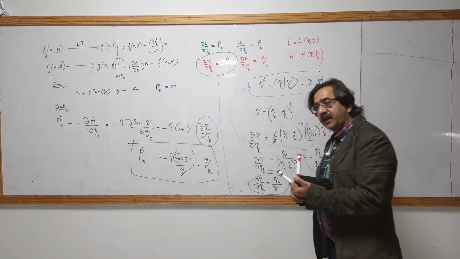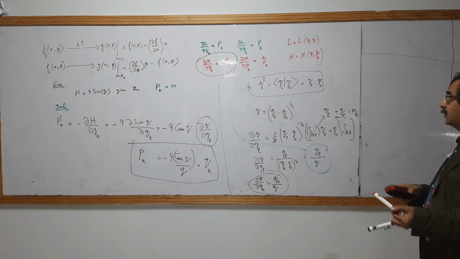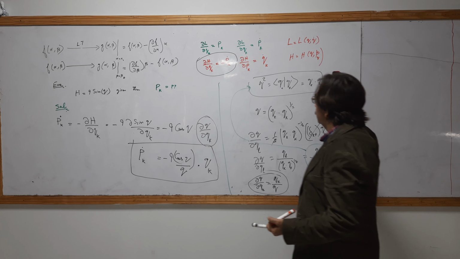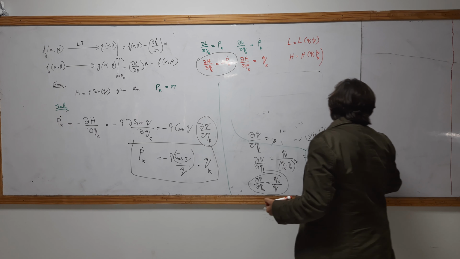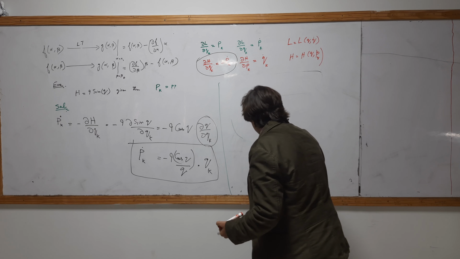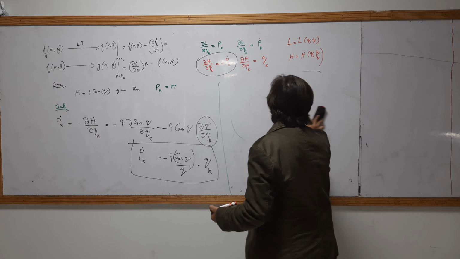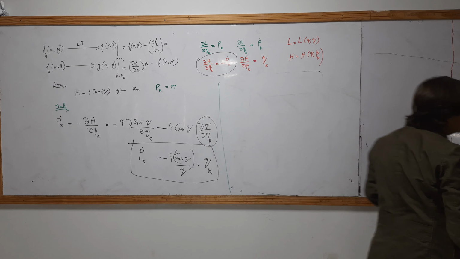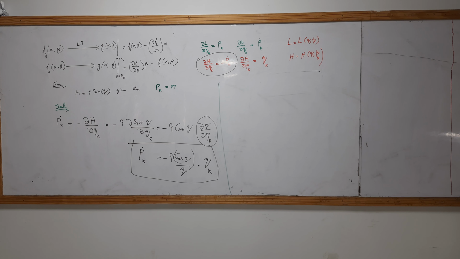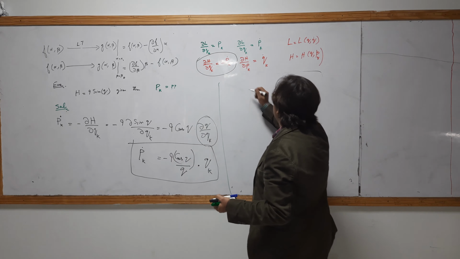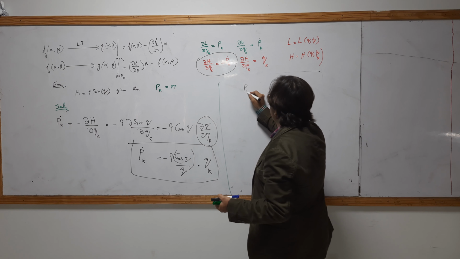Yes, we have to take the integral. We have to integrate it. Okay. May I raise it? Okay. Now we have to take, you are right, we have to consider this is dot. So PK.